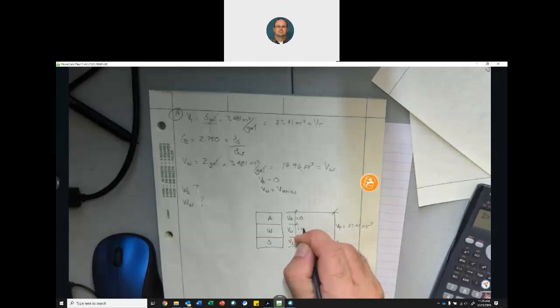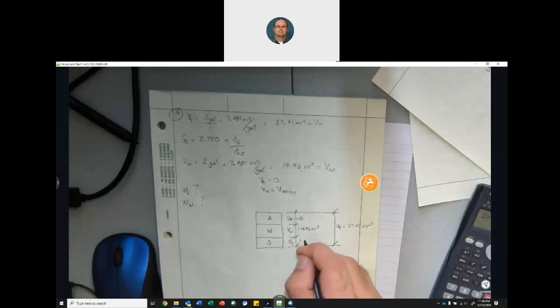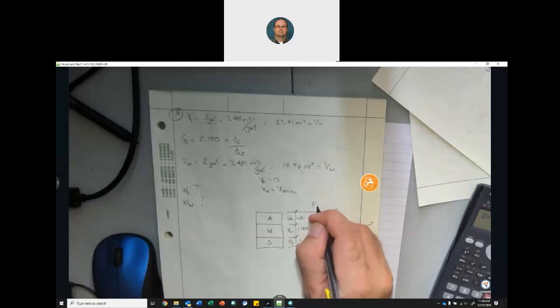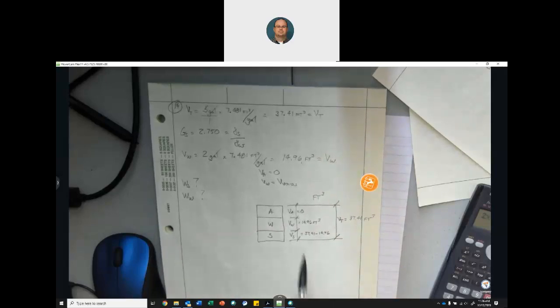So can I calculate volume of solids? Yes. This equals 37.41 minus 14.96, because this is in cubic feet. So let's go to our weight side here.